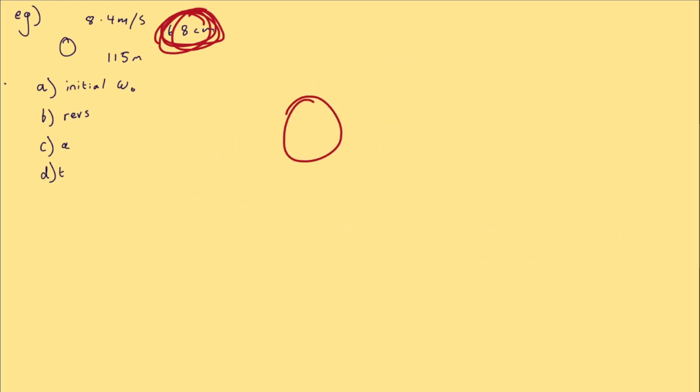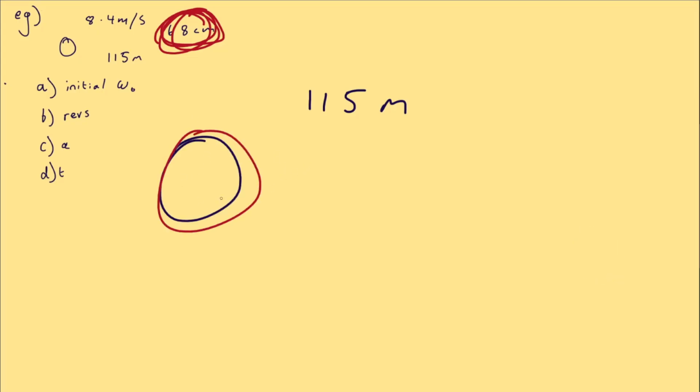How many spins did we do before we came to a stop? Okay, let's look at this. We covered 115 meters of ground. Each revolution is 360 degrees or 2 pi in radians. And each revolution would be one circumference of a circle, right? That's 2 pi r.